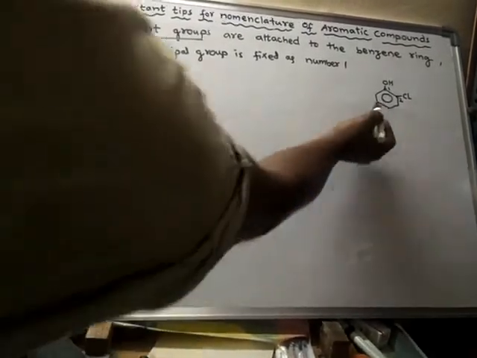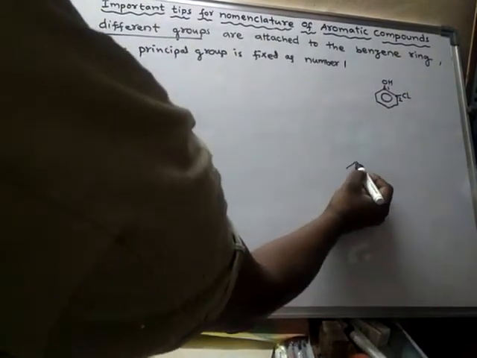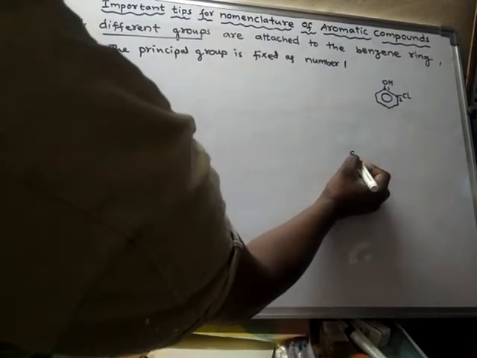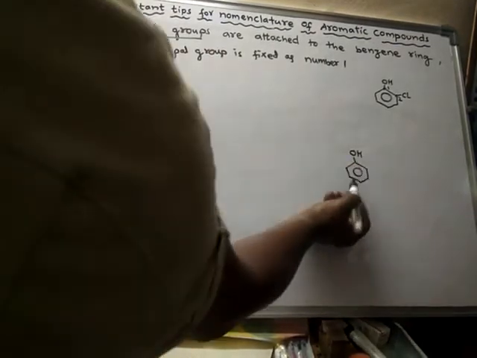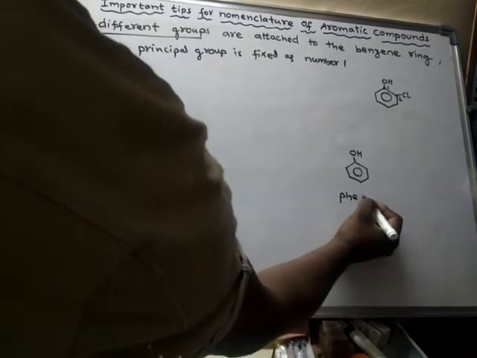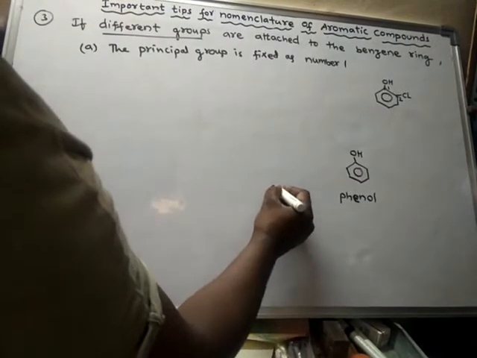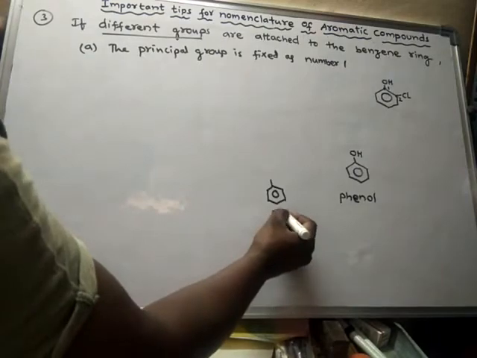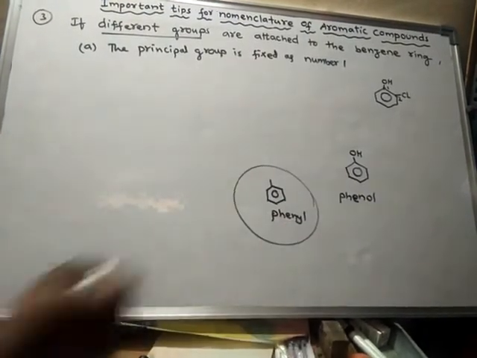Already in the PDF I have given the names of these compounds. This is the alcohol functional group. When a benzene ring is present on the alcohol functional group, it is called phenol, not phenyl. This is phenyl, but we are not discussing phenyl now.